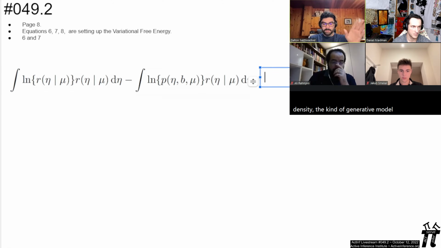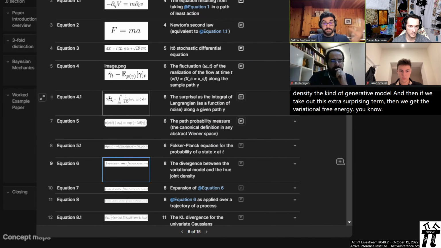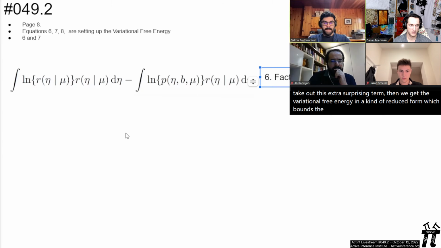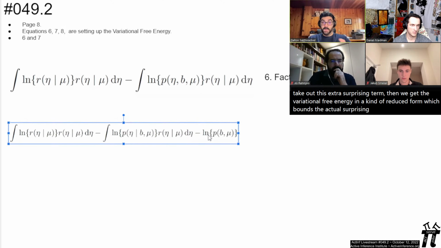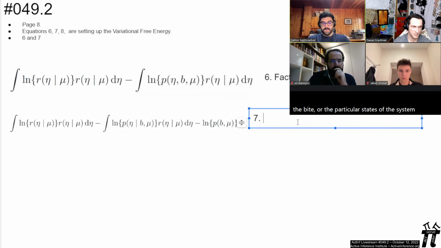And then if we take out this extra surprisal term, then we get the variational free energy in a reduced form, which bounds the actual surprisal of the particular states of the system, the blanket and the internal states.